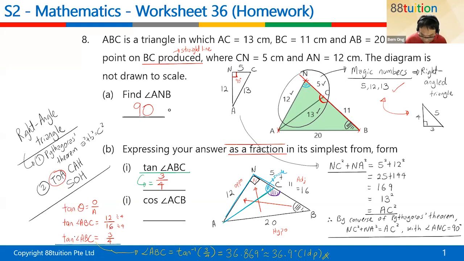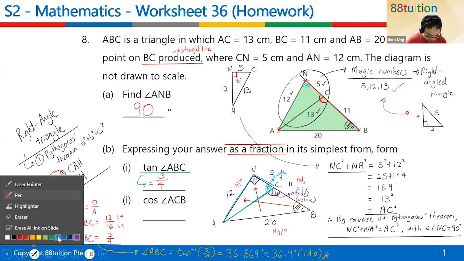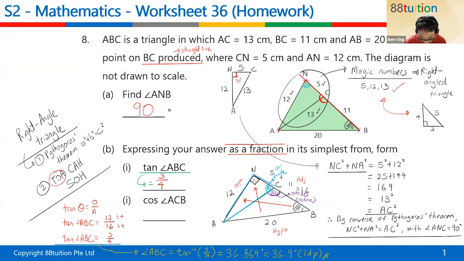The purple is outside of the right angle triangle. This is called outside, or to be more precise, we call it the obtuse angle. The inside one is called the acute angle.